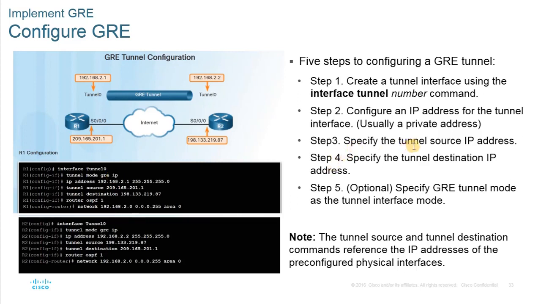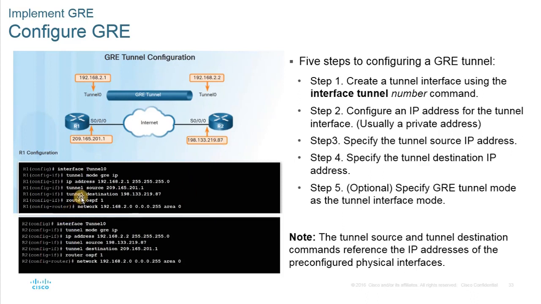The next step is to specify the tunnel source IP address, which is 209.165.201.1, the IP address of serial 0/0/0. And the tunnel destination is 198.133.219.87, which is the IP address mapped to serial 0/0/0 of R2.